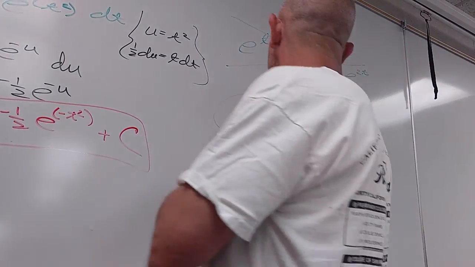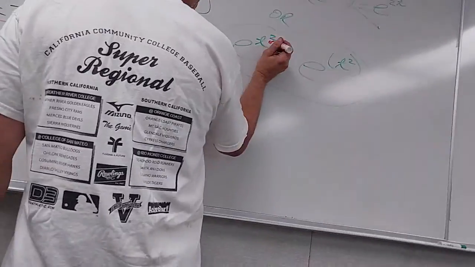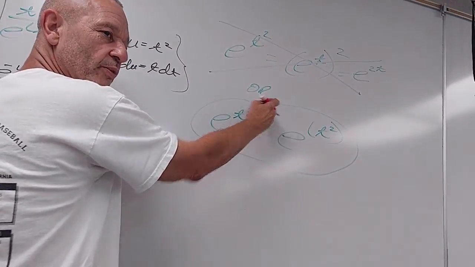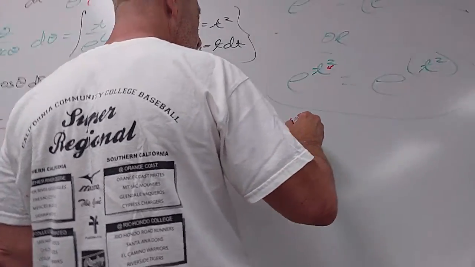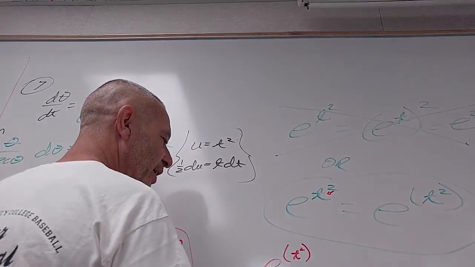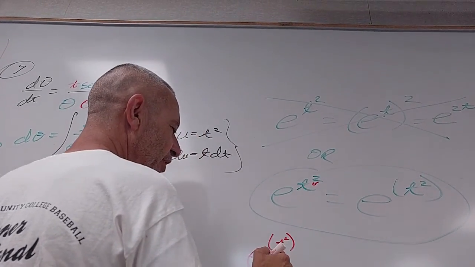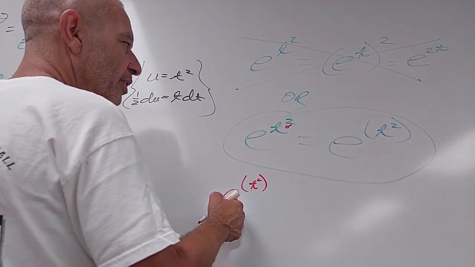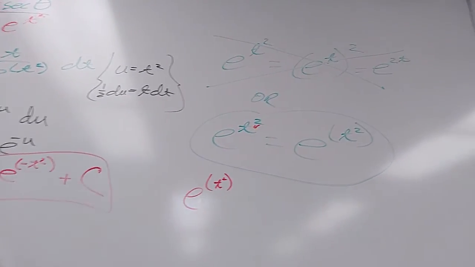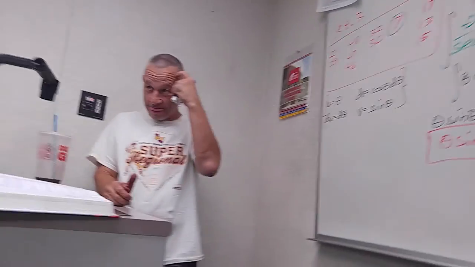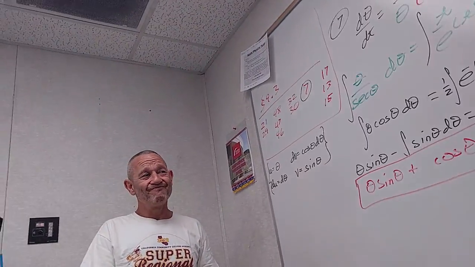However, 2 is working on the t. So I have to start at the rightmost with exponents and work my way over. So e to the t squared means t squared is the power on this, and that has to be done first. That's the rule by which you can figure that out. Just another rule you didn't want to know.